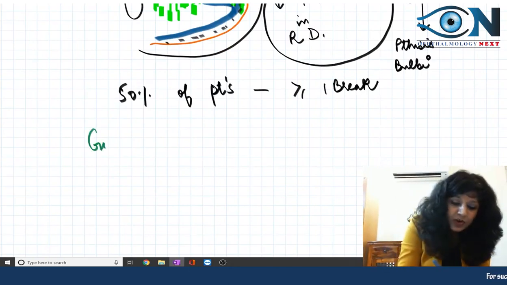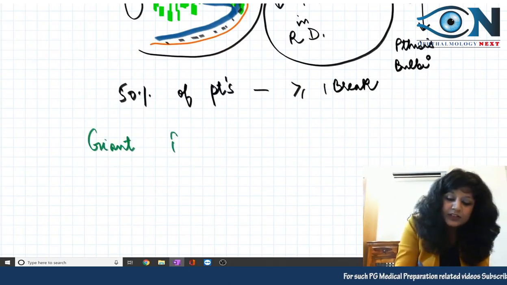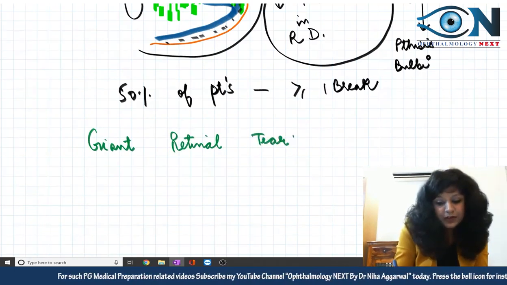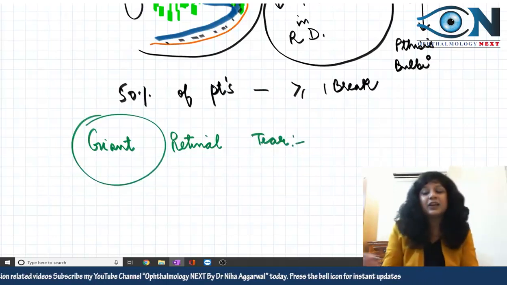Now there are 2 more terms with respect to this retinal break. One is called the giant retinal tear. What is this giant retinal tear? Now if it is giant, obviously it has to be a large one.